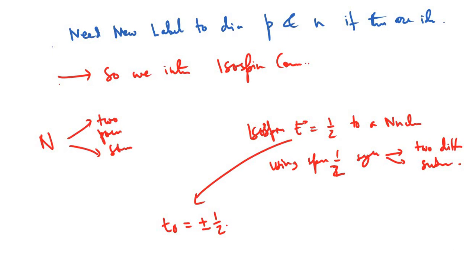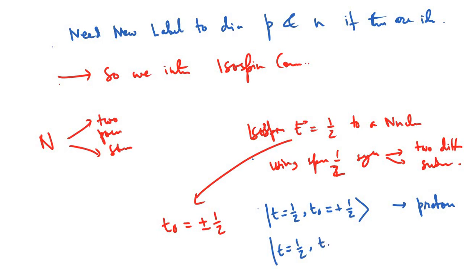Now normally we choose T equal to half and T0 equal to plus half. T0 is basically the TZ. This we use for proton. Remember, plus half for proton and minus half for neutron. This is the usual convention.